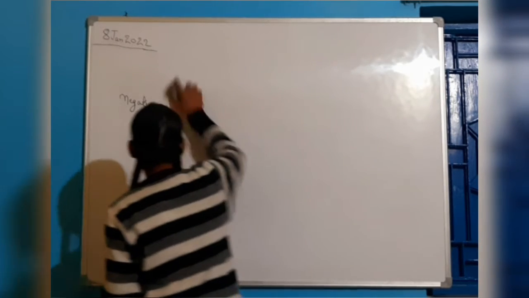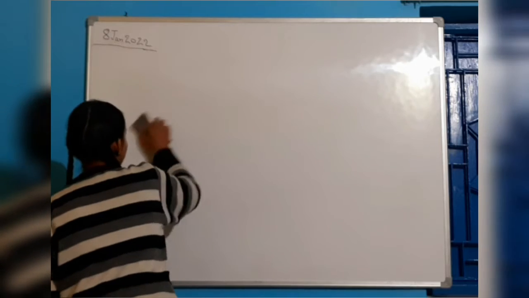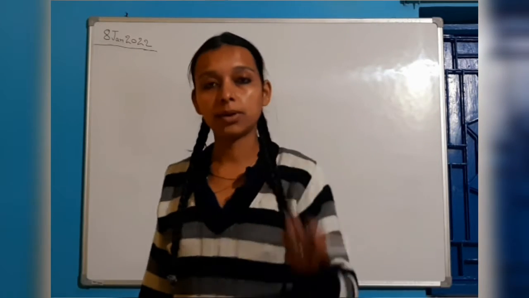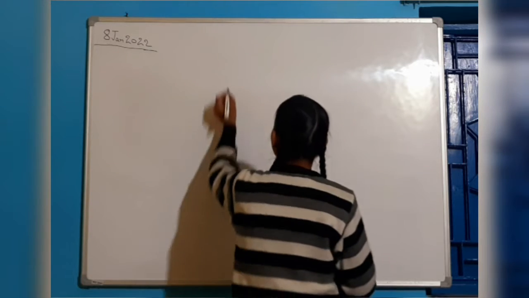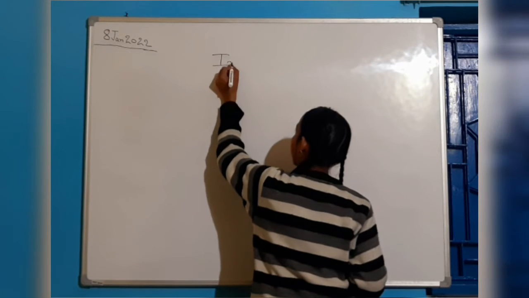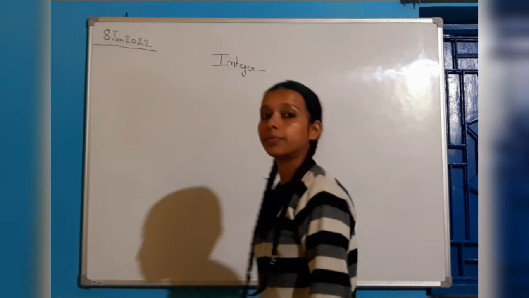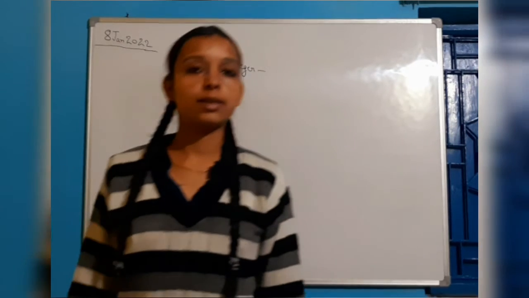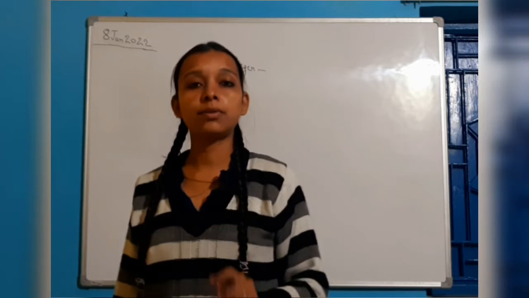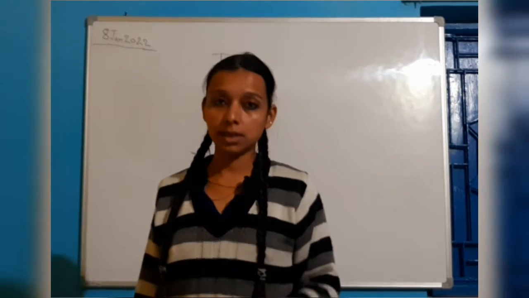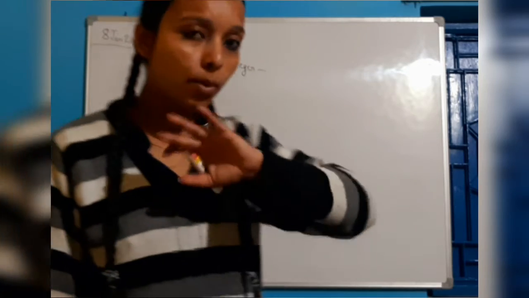Now we will talk about what is integer. It is the very first chapter of class 7th book, that is integers. What is integer? It is a set of natural numbers, whole numbers, positive numbers and negative numbers, both.